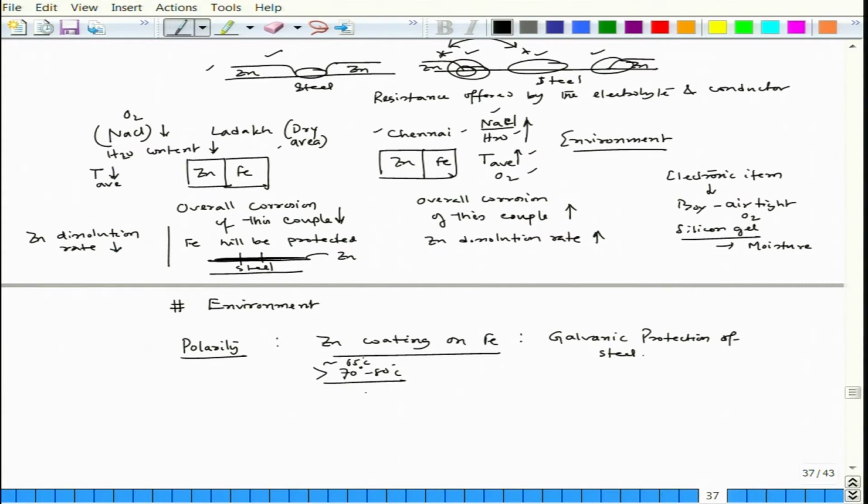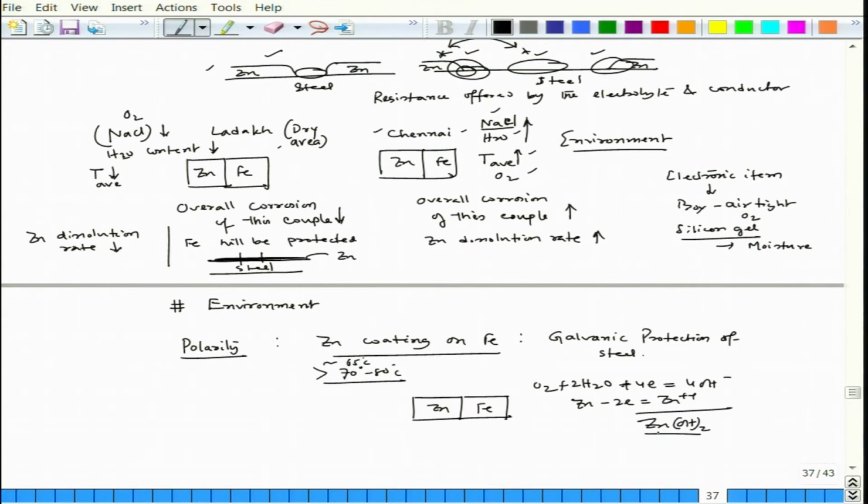So, what happens? You have these two, iron and zinc. At that temperature, the reactions are H2O2 plus O2 plus 4e equal to 4OH minus, and zinc minus 2e equal to Zn++, and that forms Zn(OH)2.